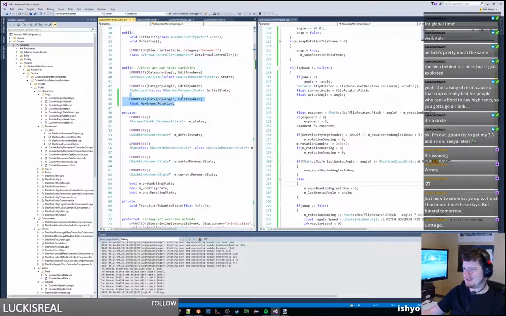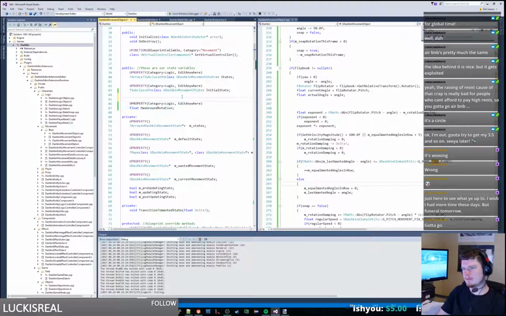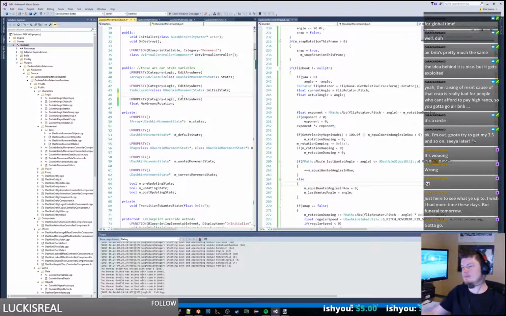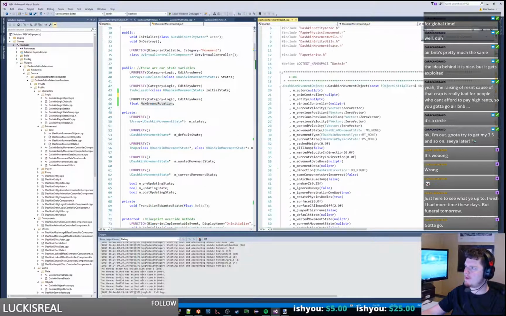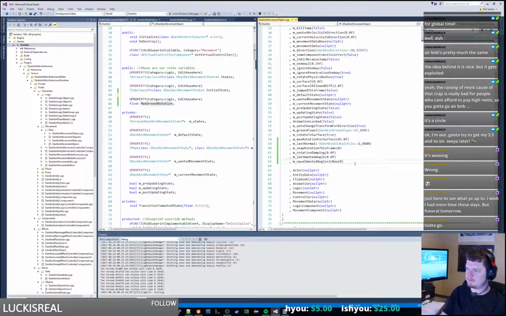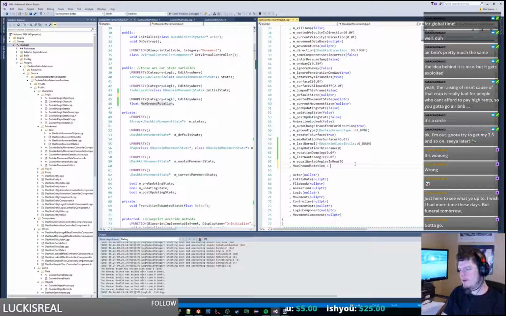Maybe this should be a function. No, let's just have it be a public thing, and let's set it to something reasonable, like maybe 45 degrees.